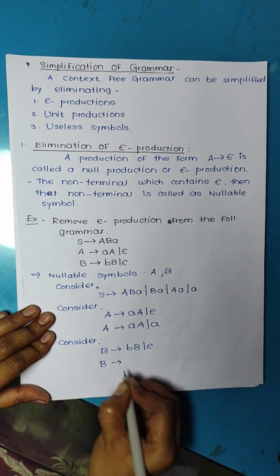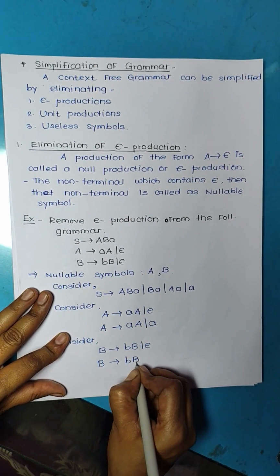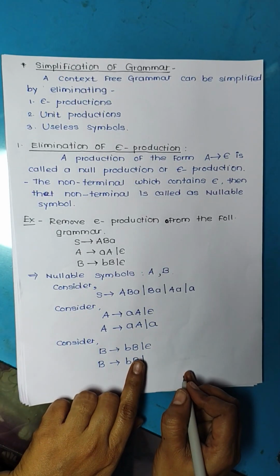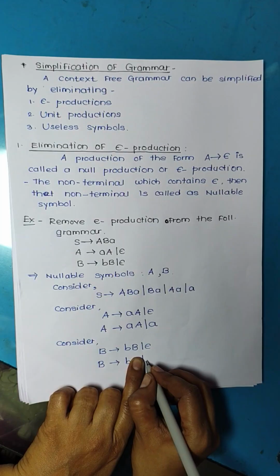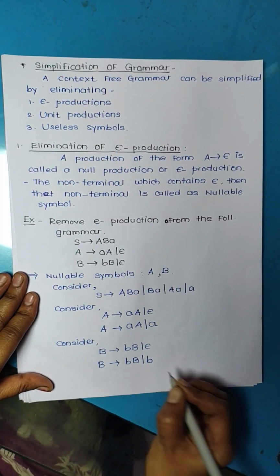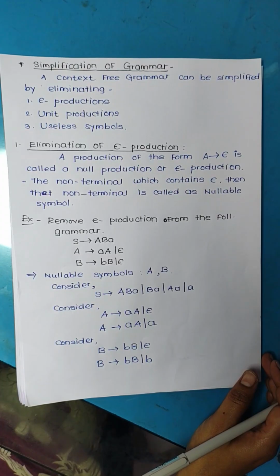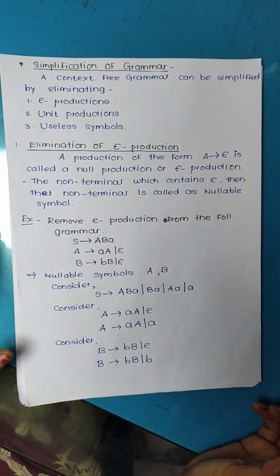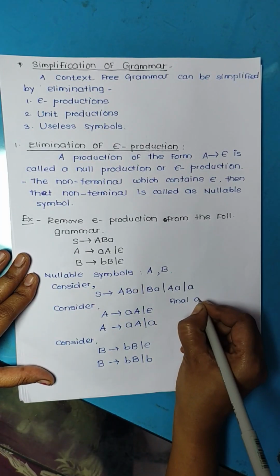Here B is a nullable symbol. First write down the given production. Instead of this B we replace epsilon. Then what will be the remaining? B.